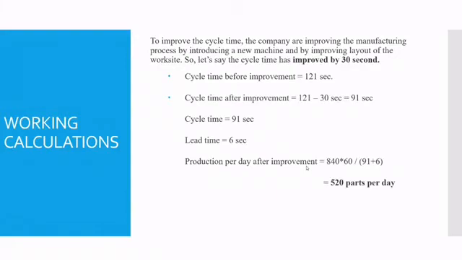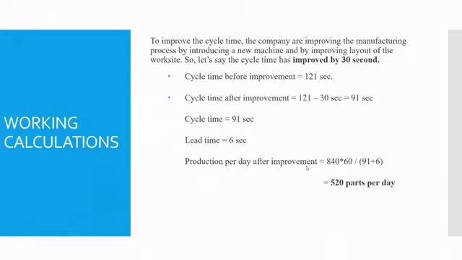To improve the cycle time, the company is improving the manufacturing process by introducing a new machine and by improving the layout of the worksite. So, let's say the cycle time has improved by 30 seconds. The cycle time before improvement is 121 seconds.